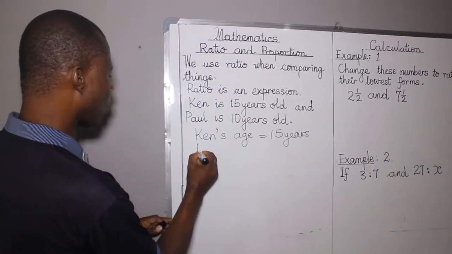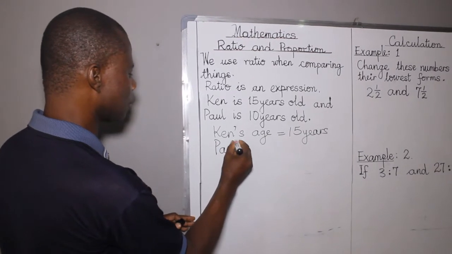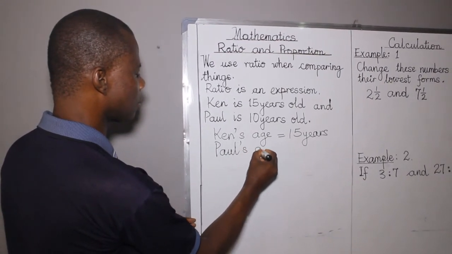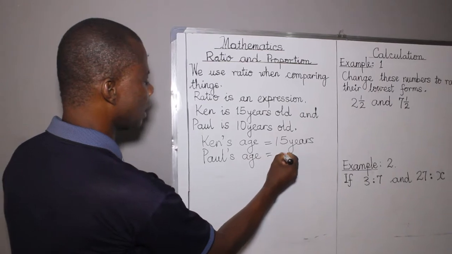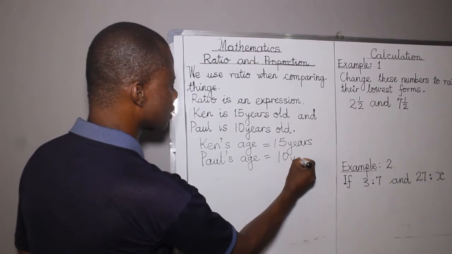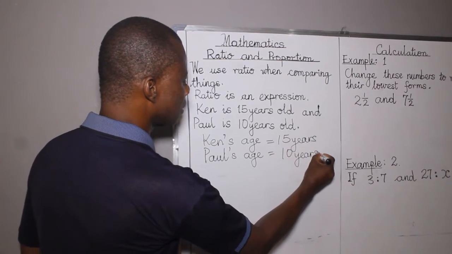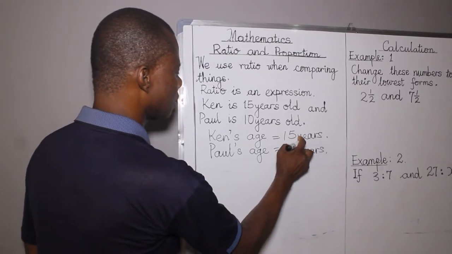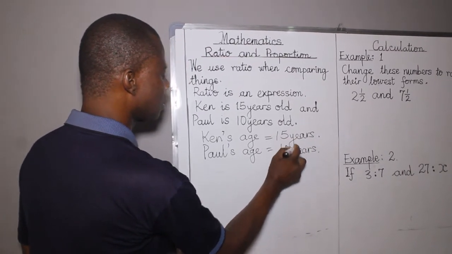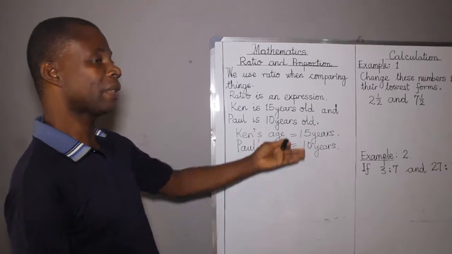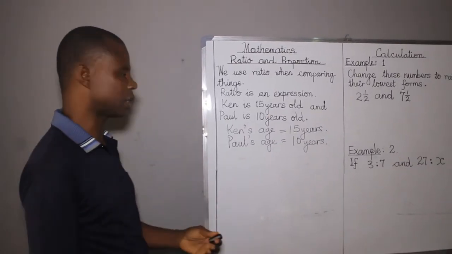We come to Paul's age, and that is 10 years. Now, comparing this gives us what we call ratio.